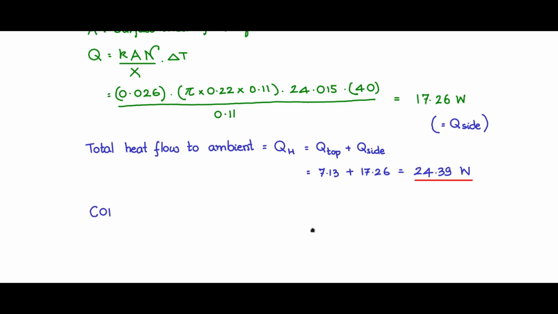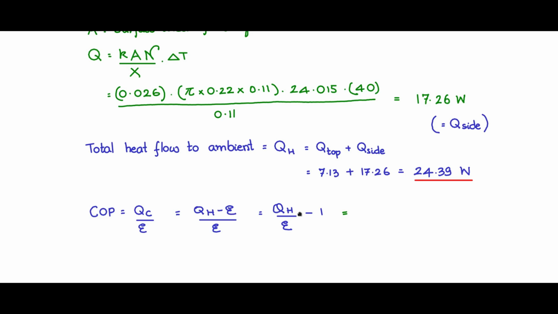So COP, coefficient of performance, we have seen earlier that it is QC by E. QC is the heat being extracted from the cold junction, in this case the chamber, divided by the electrical energy fed into the Peltier element. Or I can write it as QH minus E by E, which is QH by E minus 1.